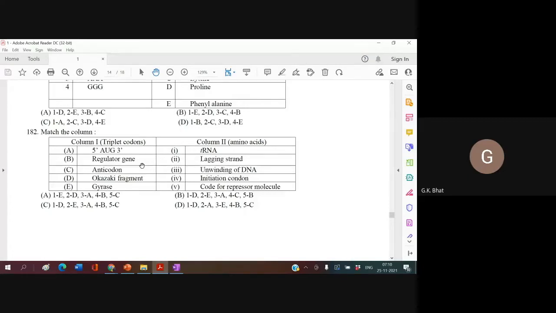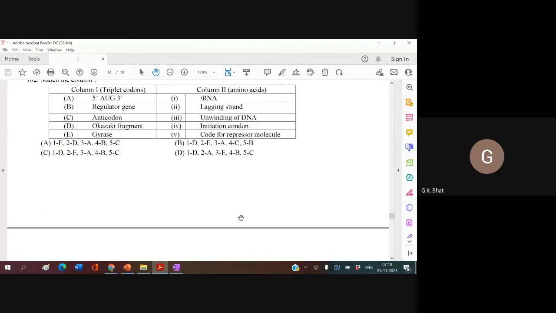E, third one. Do you have the correct matching here? No. You don't have. There is a mistake in this.